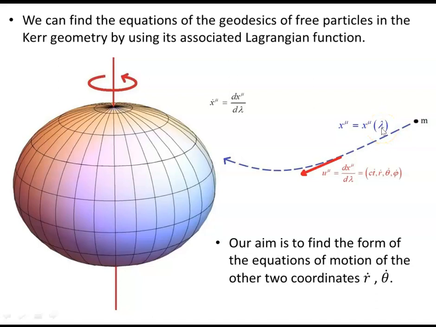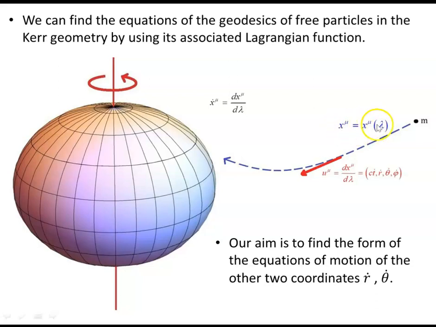It's a general parameter that can be used for particles with mass and without mass. Ideally, for a particle with mass, we would use the proper time, but by using this affine parameter lambda, we can talk in terms of massless particles such as photons, for which we can't use proper time.